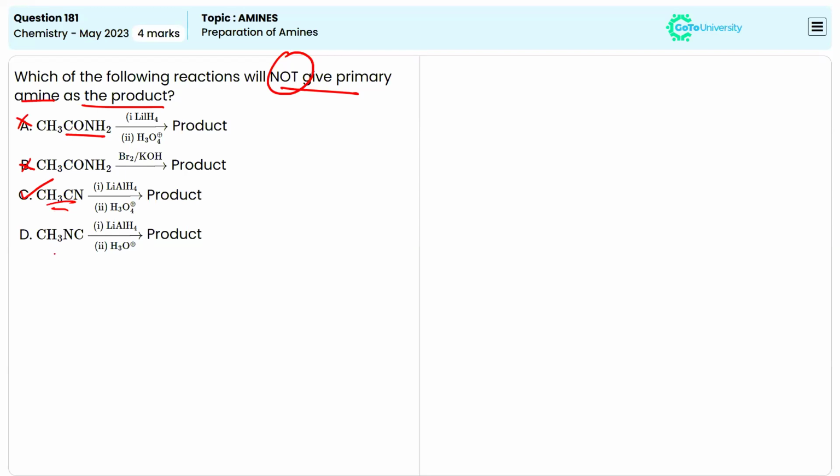If you take an isocyanide, this will give a secondary amine as the product, not a primary amine. So a primary amine cannot be produced from this isocyanide. It can produce only the secondary amine. So the correct answer is option D because it produces secondary amines. Okay, write it down.